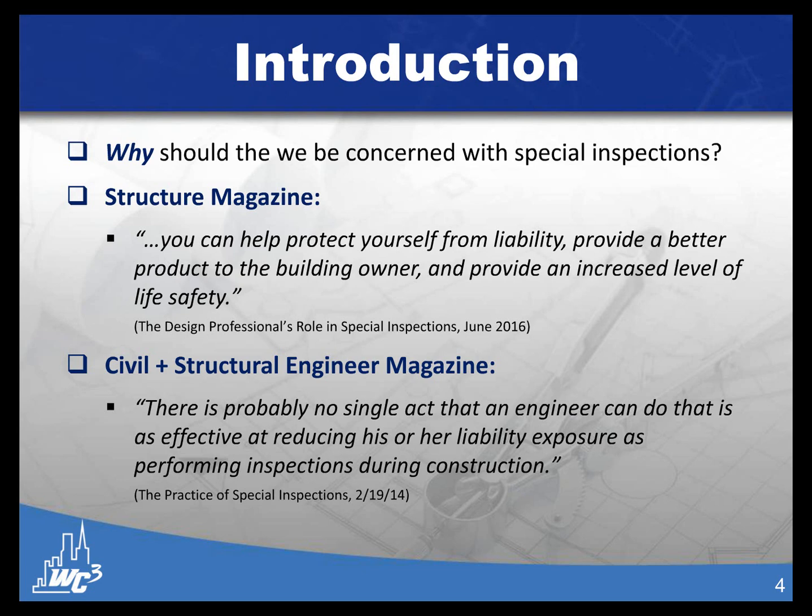You might think it's just structural observations, but we will talk about today also in the code, it does allow for the engineer of record to provide special inspections on projects as well. So it doesn't have to necessarily be just structural observations, but special inspections and being out on the job as much as possible as a design professional also will help reduce our liability significantly.